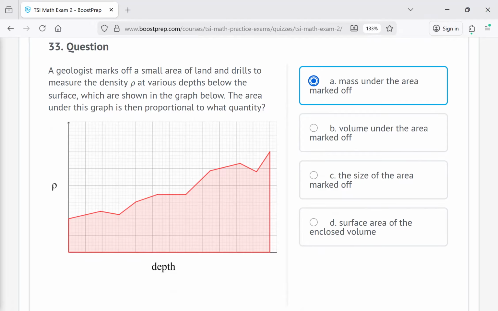So this is my x, this is my y, so the product is going to be depth times density. That's why I believe it's A.